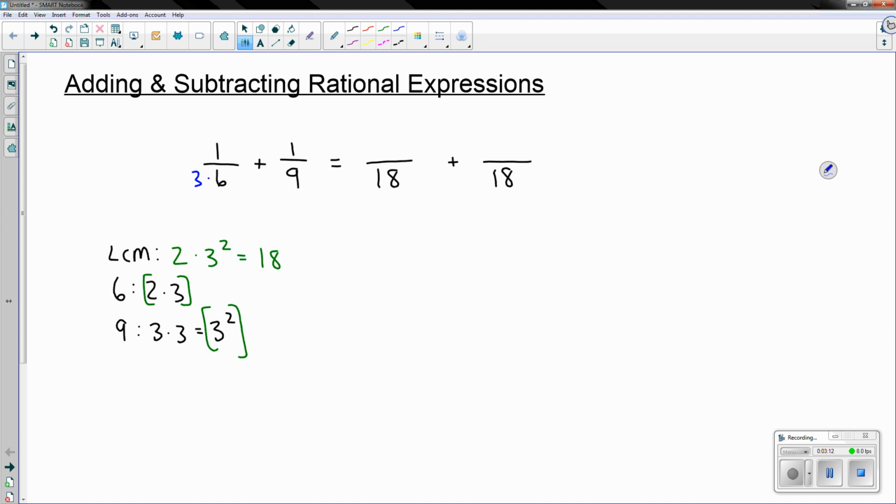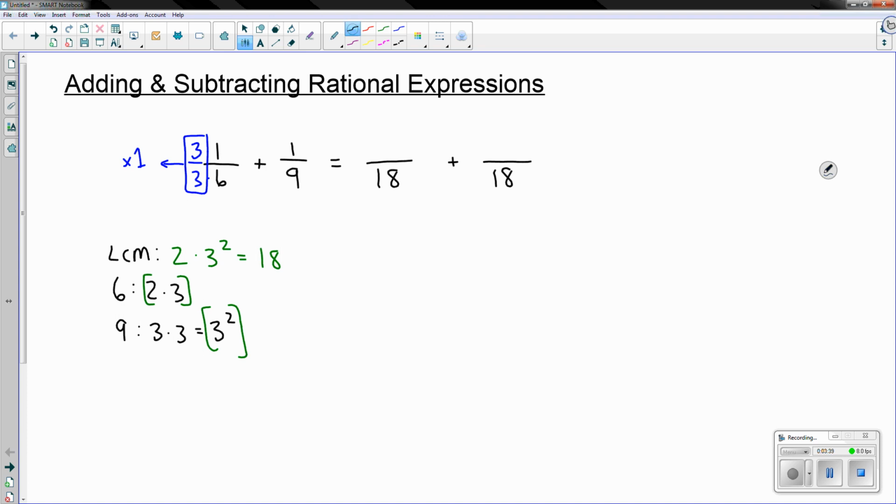By multiplying the bottom by 3 and the top by 3, the ratio of those two values together equals 1. And multiplication by 1, we know, doesn't change the value of the expression, but rather just how it looks. That's ultimately what we're trying to do. We're trying to identify a way to group the 6 and 9 into a common format so that we can identify how many 18ths we have in total.